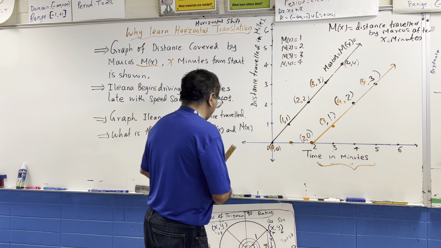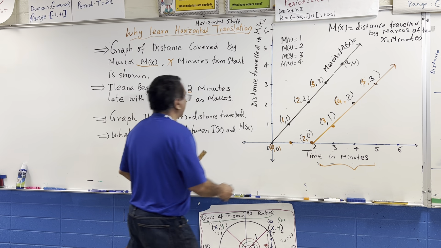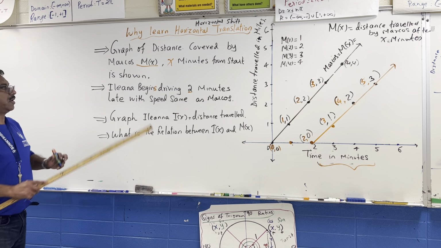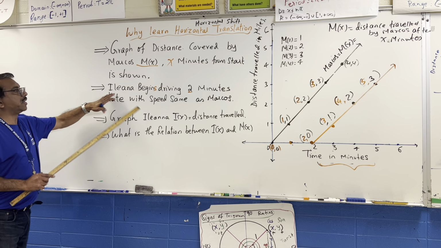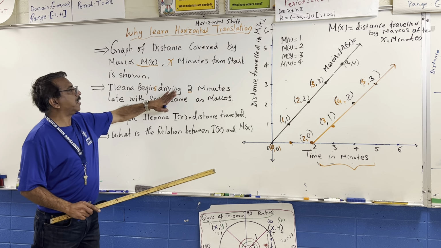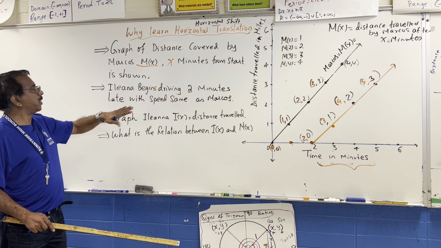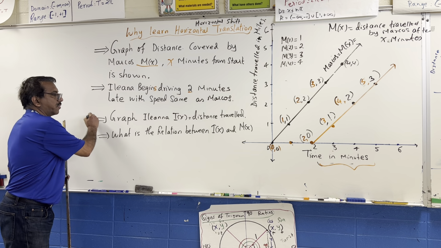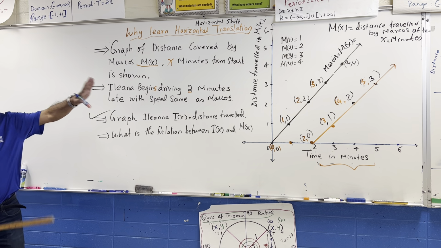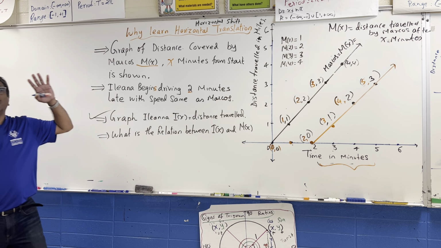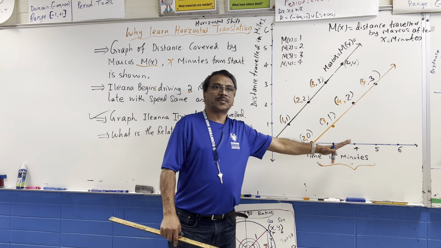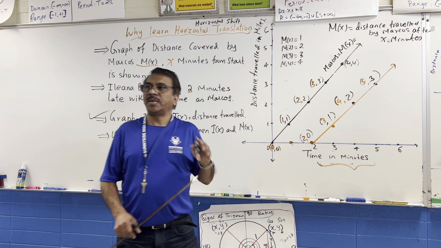Okay, watch this. The first part is completed: ELianna begins driving 2 minutes late with the same speed. We completed the graph. At least we know this one, right? Do we know, yes or no? Everybody got this much at least.